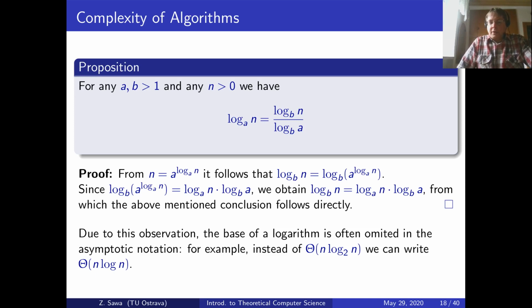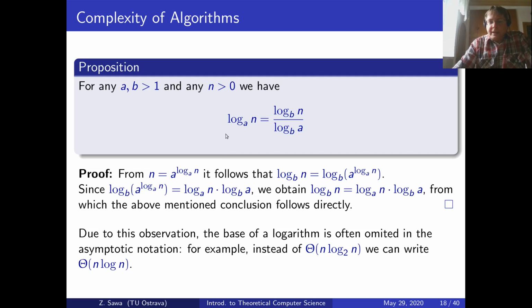So in the use of asymptotic notation, it makes no difference if we have a logarithm with base 2 or base 10 or base 77. It would still be the same from the asymptotic point of view. So it's quite common to omit this base, and we just assume that the base is some number which is greater than 1.